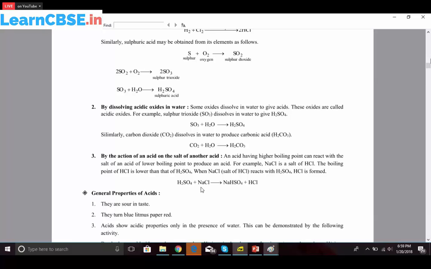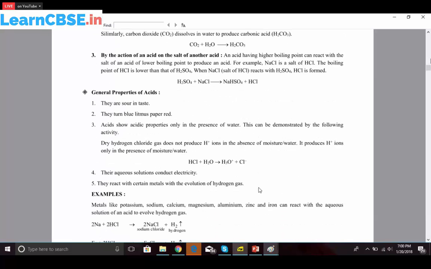One of the hydrogens from the acid, because you know that an acid is a proton donor, and a proton is nothing but H plus. The H plus from the sulfuric acid moves over here, and the Na will join over here. So we get sodium hydrogen sulfate plus HCl. This is another method to prepare an acid.